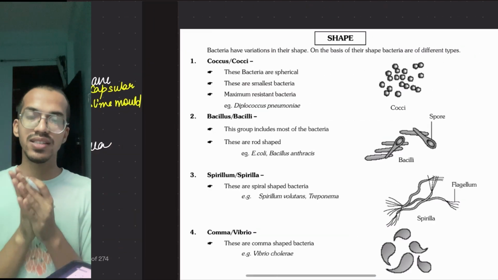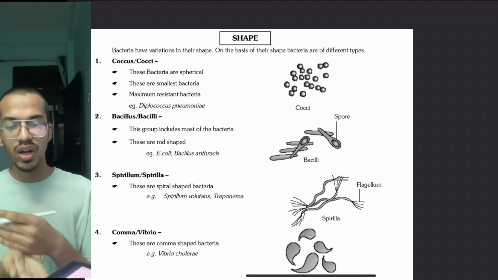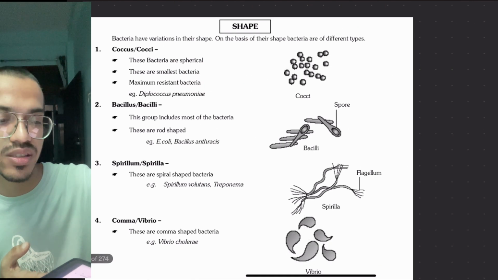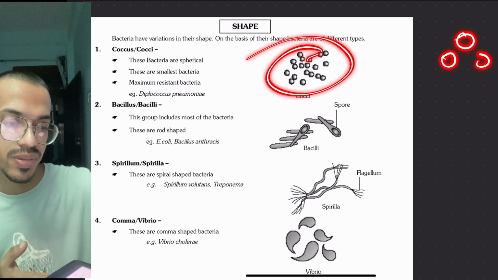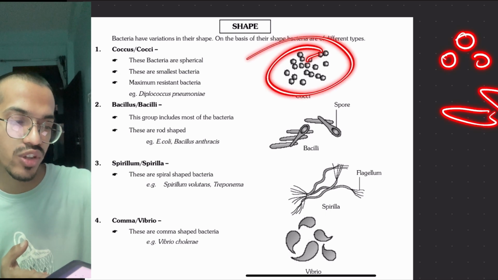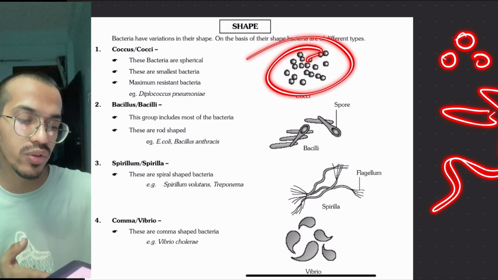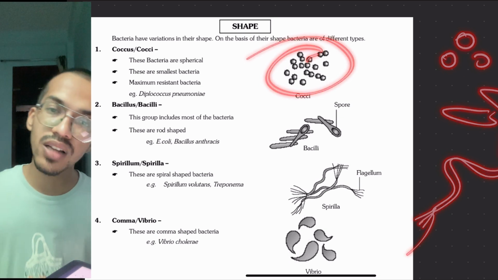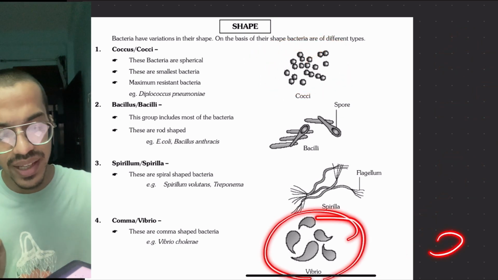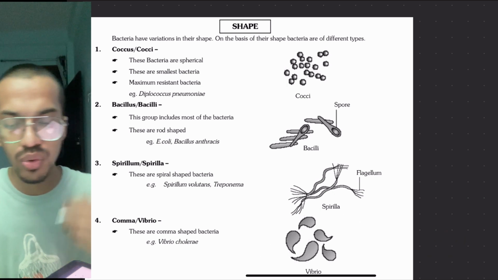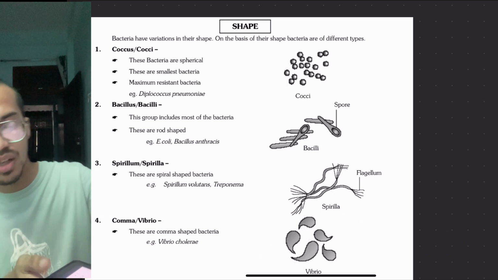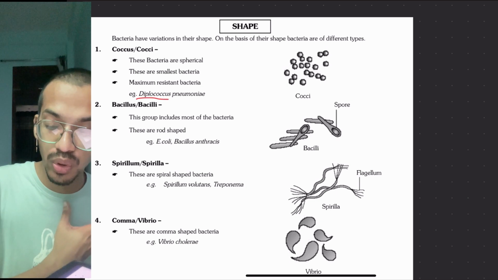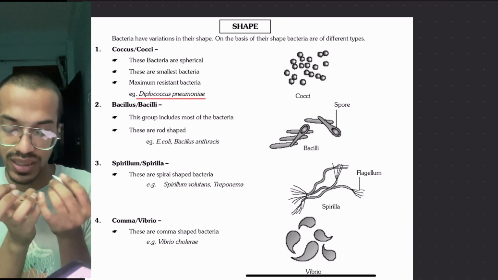The bacteria have different shapes. So what are the shapes? Cocci means circular, rod shape, spiral shape, which might have flagella or cilia present, and the vibrio shape, that is a comma. Here the examples are given to you that you have to remember. Diplococcus pneumoniae: the name itself says Diplococcus, meaning the word coccus is coming up.